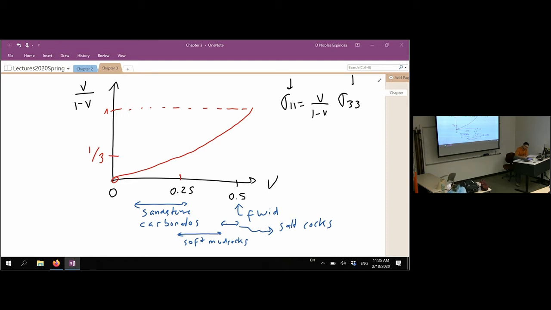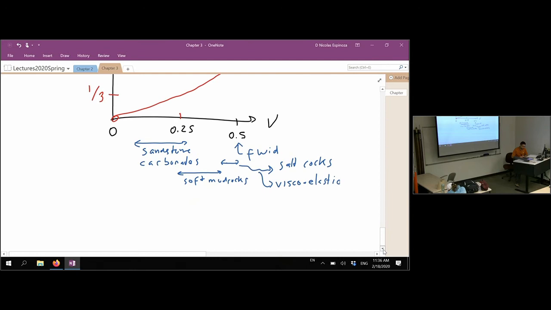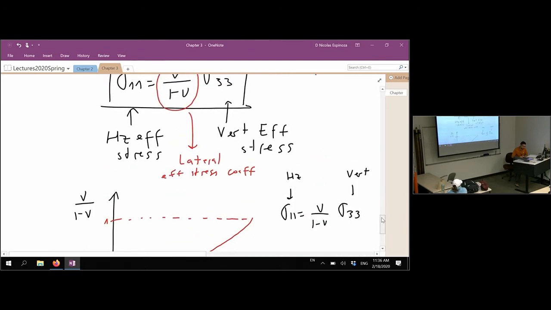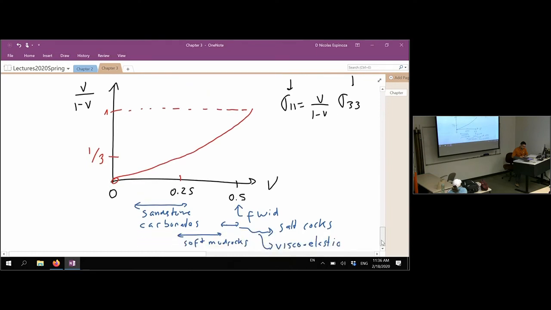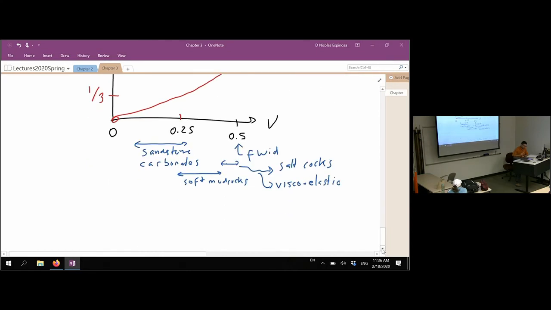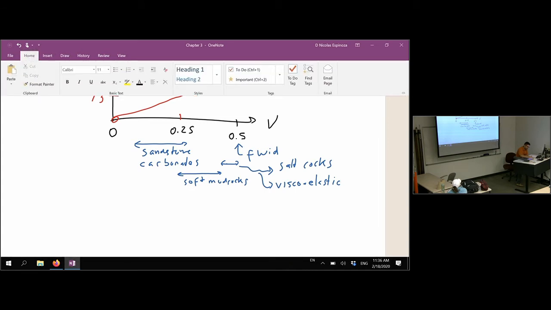And there is some evidence also that some shales also develop creep, they also may be close to this equivalent Poisson ratio of 0.5.